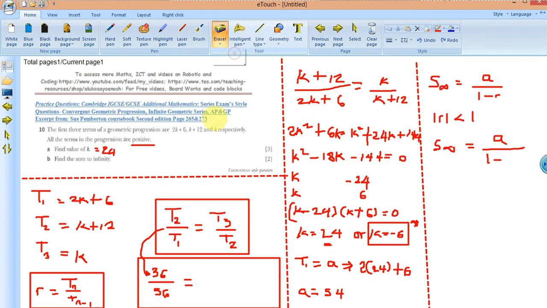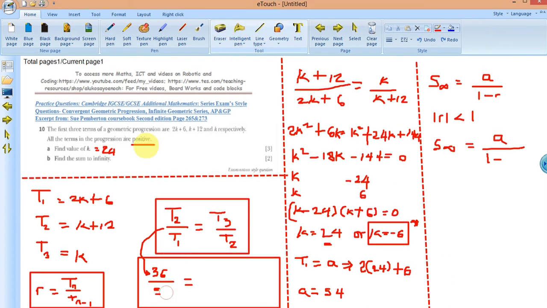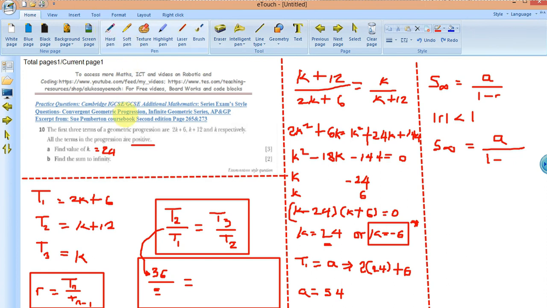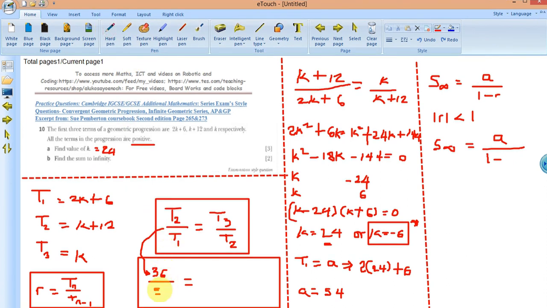This is 54. Okay, so let's see if I can break it to simplest form. 36 divided by 54 equals 2 over 3. So the common ratio is 2 over 3. That implies that r equals 2 over 3.